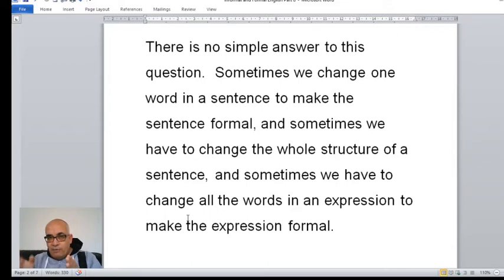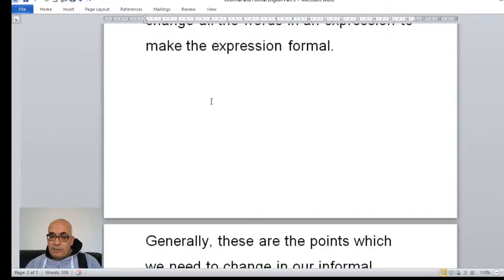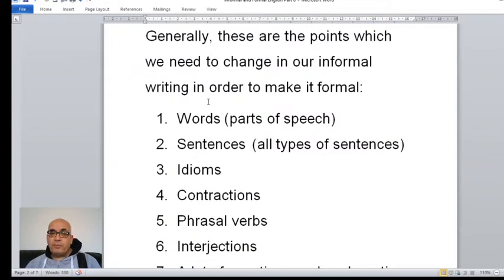I have an informal sentence and I want to make it formal. What do I do? Sometimes you change one word, sometimes two words, sometimes the whole structure of a sentence. So let's look at what you can change.